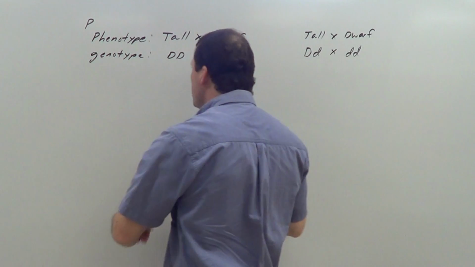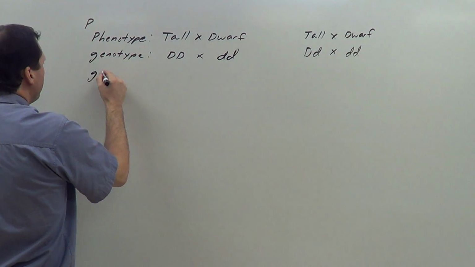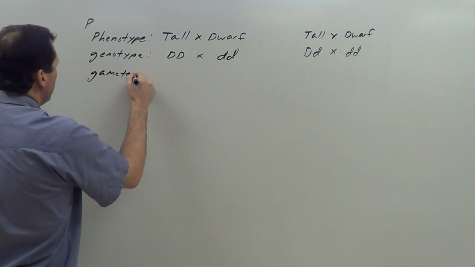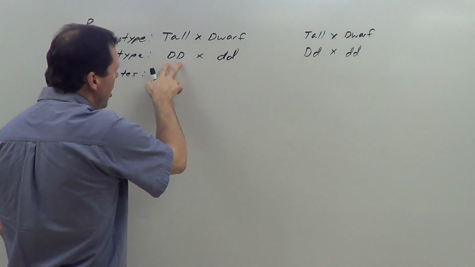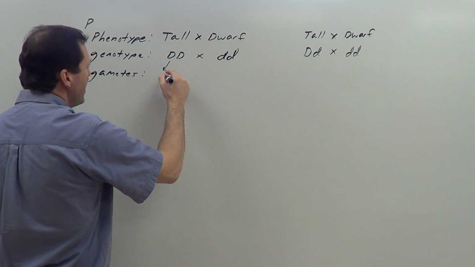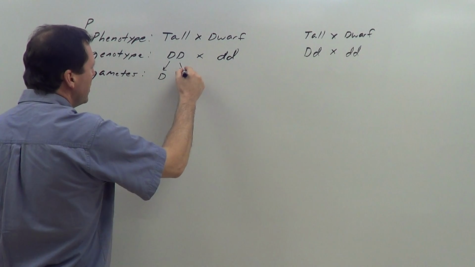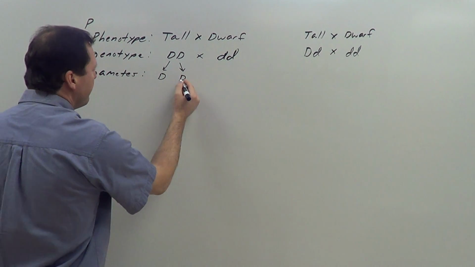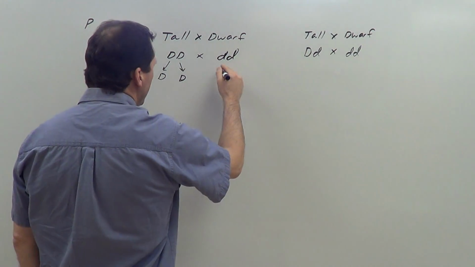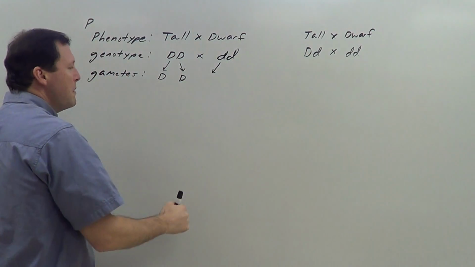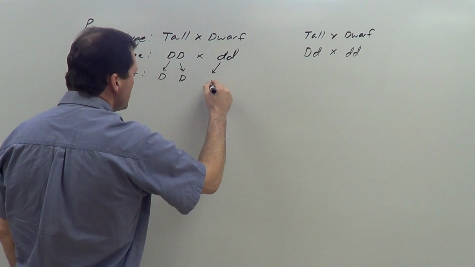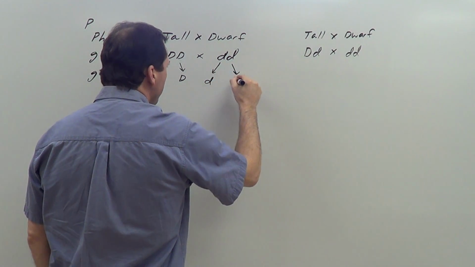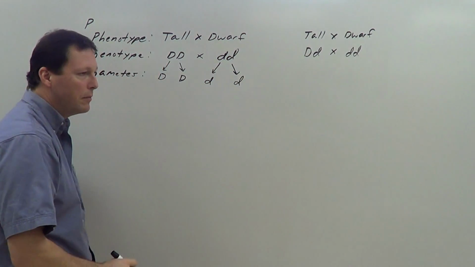Now I'm going to write gamete. Figure out my gametes. This tall pea plant could give a gamete a capital D, or it could give a gamete a capital D. Same thing here. This dwarf pea plant could give a lowercase d, or it could give a lowercase d to a gamete.